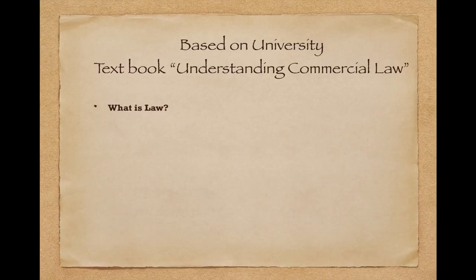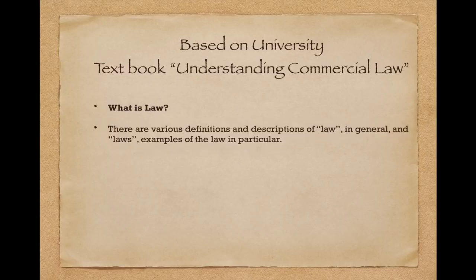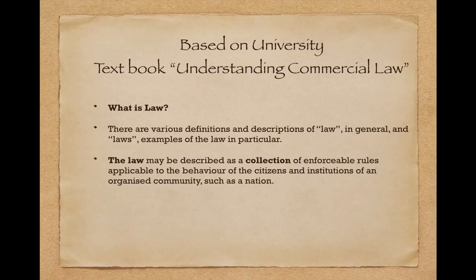In this textbook, Understanding Commercial Law, the first chapter asks what is law, and then they go into the explanation of it. There are various definitions and descriptions of law in general, and examples of the law in particular. The law may be described as a collection of enforceable rules applicable to the behavior of the citizens and institutions of an organized community, such as a nation.